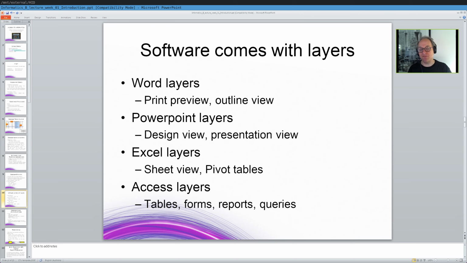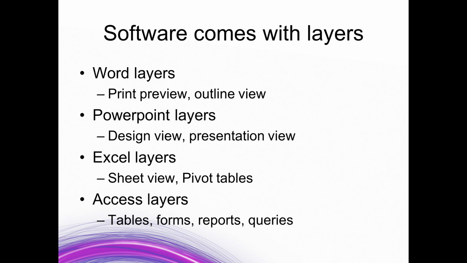PowerPoint also has different layers of data. There's the design view, there's the presentation view, there's the slide sorter view. They're different ways to look at the same PowerPoint presentation. In fact, I can even show you now. So there's the design view right there. That's how we design PowerPoint slides. I can click on the slideshow, and there you can see the actual slideshow.